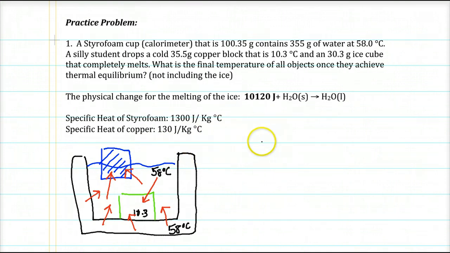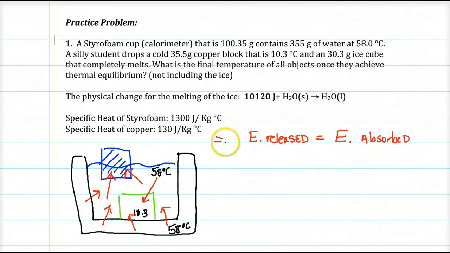So what we're going to say is the energy that is being released is equal to the energy that's absorbed. Now, given this statement, which is basically the first law of thermodynamics, that all energy is conserved in our closed system, who are the players?